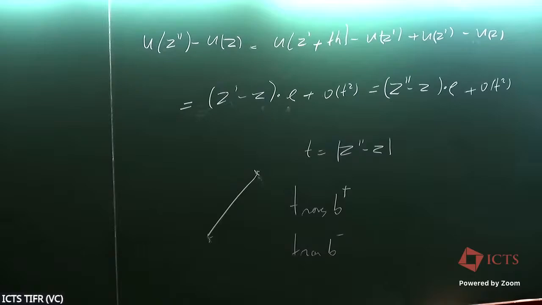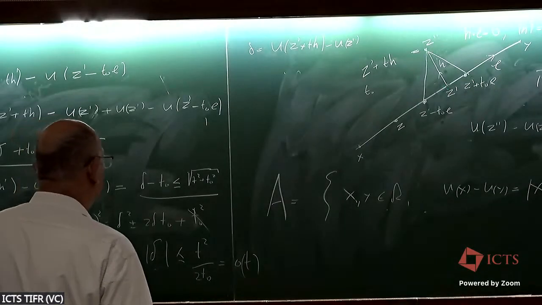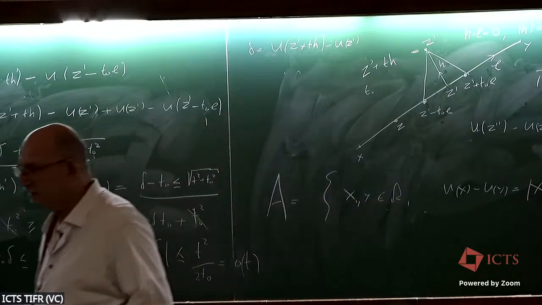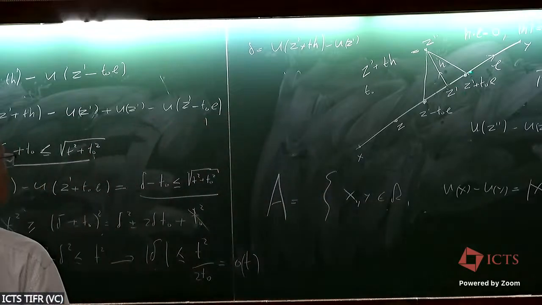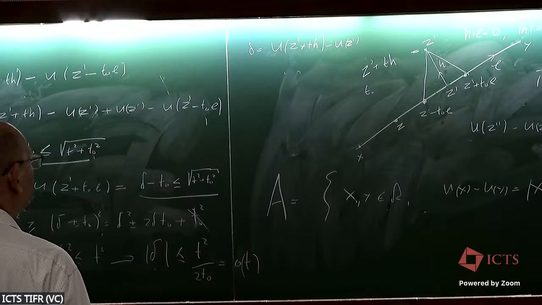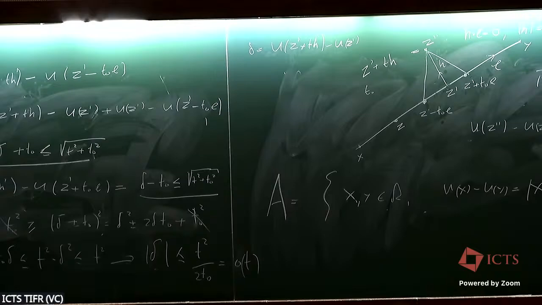Transport rays must be disjoint, right? They can only meet at the endpoint. Why is that? Because if they meet at an interior point, it means that at this point we have two different gradients, since the gradient at an interior point always points in the direction of the ray. So it cannot be, because we know u is differentiable there, so they cannot meet inside. They can meet at the endpoint of the maximal interval only.